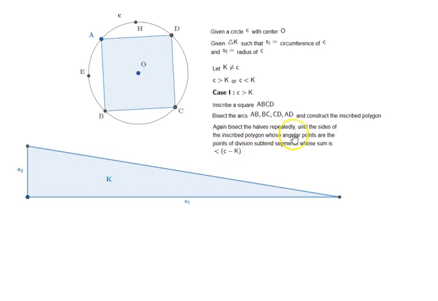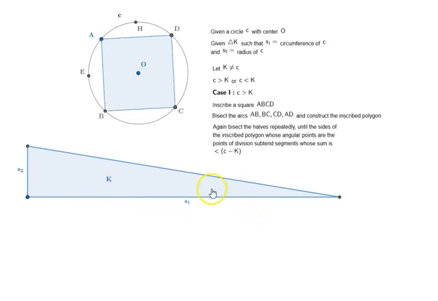Again, bisect the halves repeatedly until the sides of the inscribed polygon, whose angular points are the points of division, subtend segments whose sum is less than the area of the circle minus the area of the triangle. Remember, we assume that the area of the circle is greater than the triangle's area.